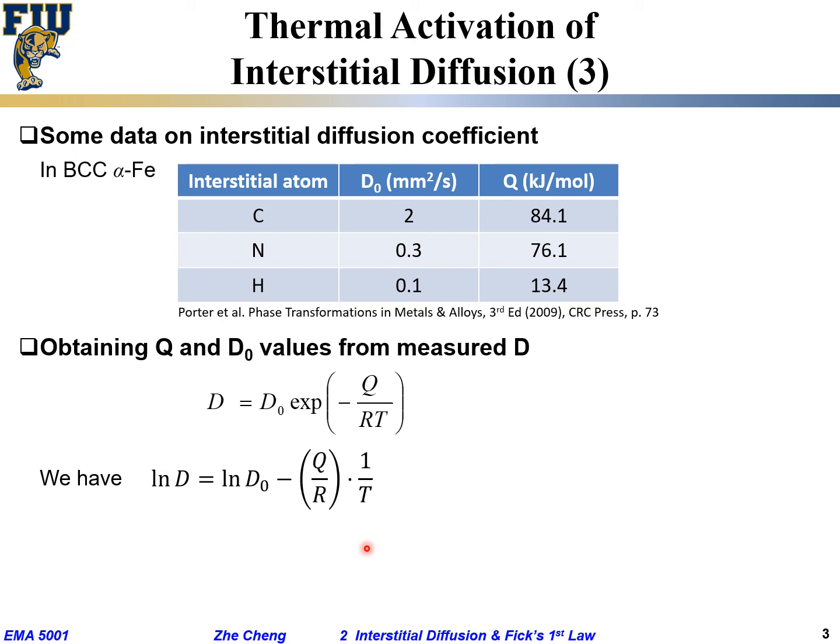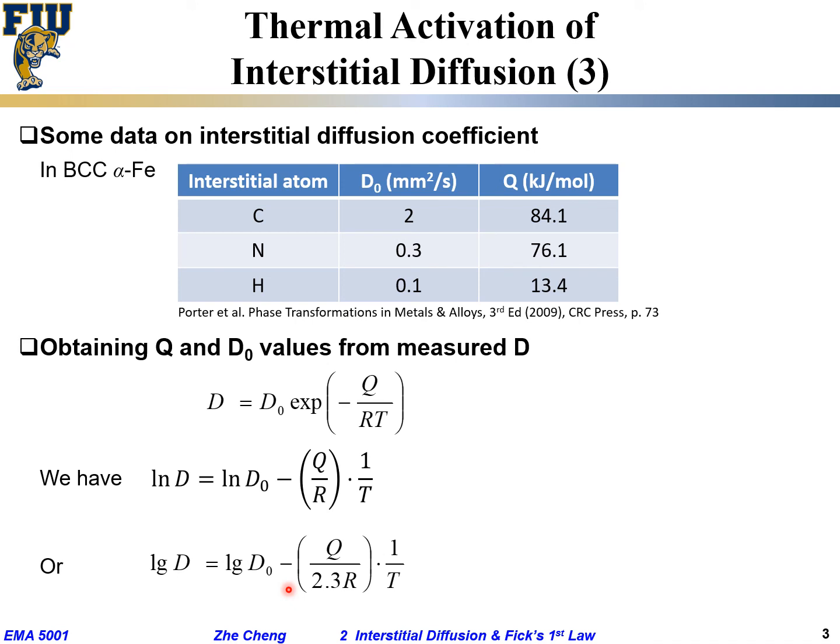Of course, sometimes we would prefer to use, instead of natural log, the log with the base of 10, right? Going from natural log to the log with base 10, we would have a similar relationship, except we have 2.3 here. That's roughly the conversion between natural log and the log with base 10.